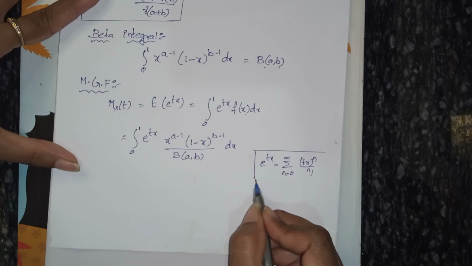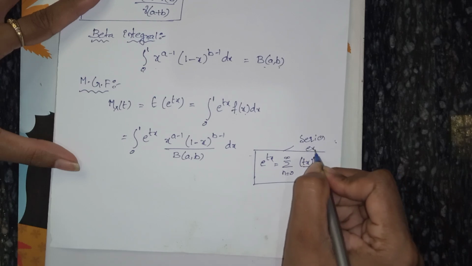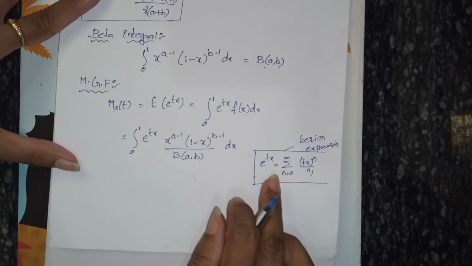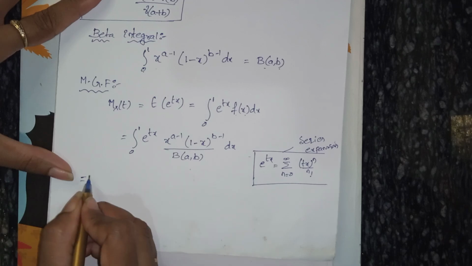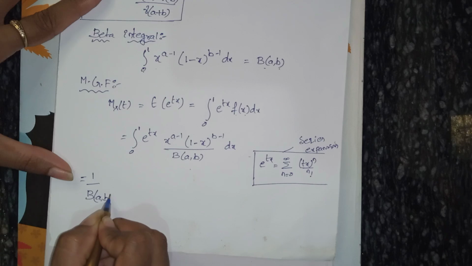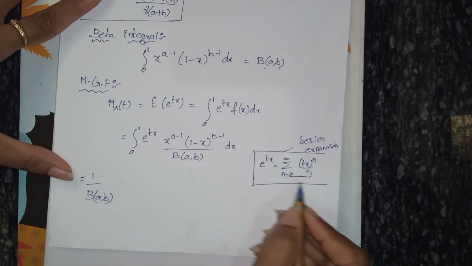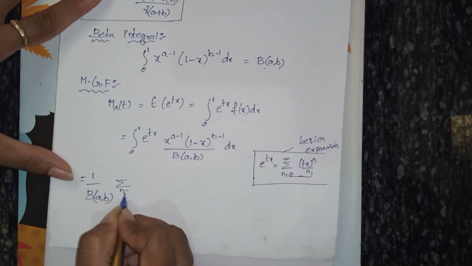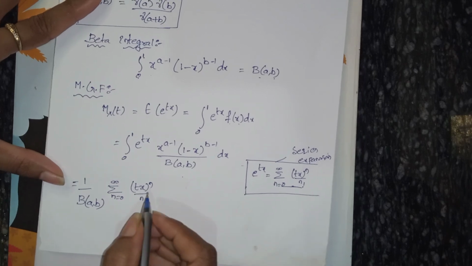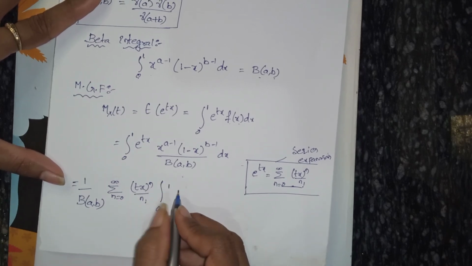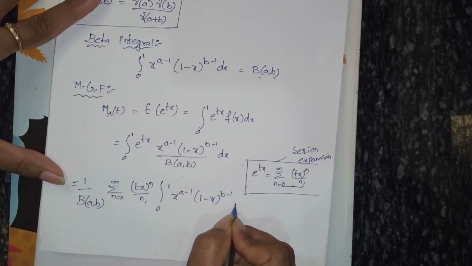That's why I am going to write 1 by B(a,b) before the integration. So in place of e to the power tx I write this: summation n equals 0 to infinity of (tx) to the power of n by n factorial into the integration from 0 to 1 of x to the power of a minus 1 into 1 minus x to the power of b minus 1 dx.